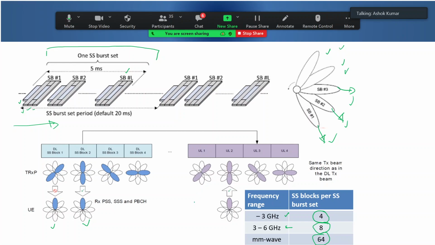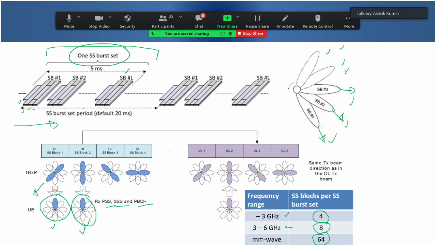It will receive signals from various beams, but it will choose, suppose in this example, it will not choose this beam because receive quality may not be good. In this case, the beams are aligned. So maybe it will choose this beam, right? So the second beam, and then it will receive this PSS, SSS, PBCH present in the SB and then do the further action. So this is the concept of SS burst set. So within 5 milliseconds, whatever number of SS blocks are transmitted, they are called one SS burst set.